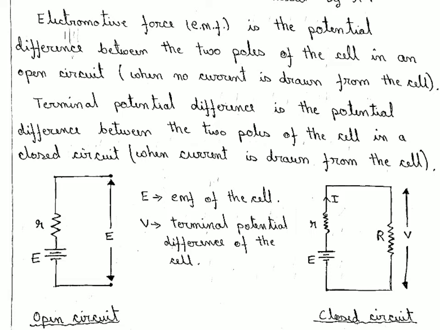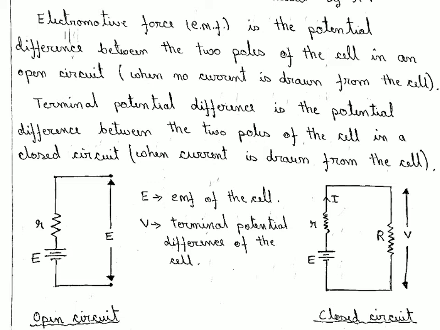But if we connect a resistor of resistance R, then a closed circuit is formed. And in this closed circuit, a current will be drawn from the cell. So a current I here in the figure is flowing in the circuit, and this current flows through the resistance R and through the internal resistance small r also.